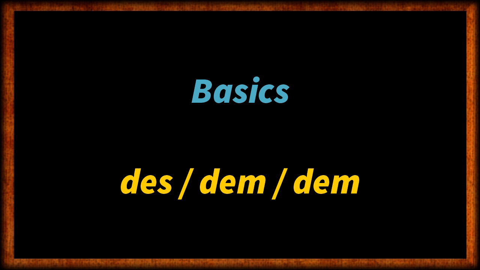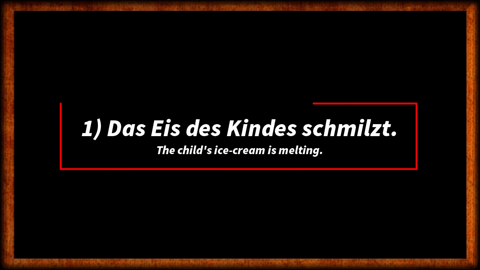Now this is the basic knowledge, and now let's combine this with the articles. Here are 2 exemplary sentences. The first one is Das Eis des Kindes schmilzt. The child's ice cream is melting. Oh no! And in this sentence you can find 2 of the 4 different cases mentioned before.